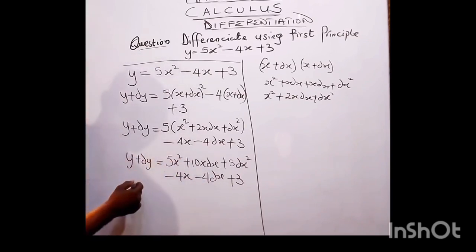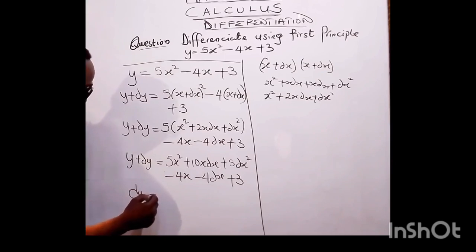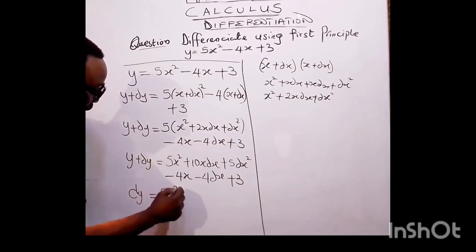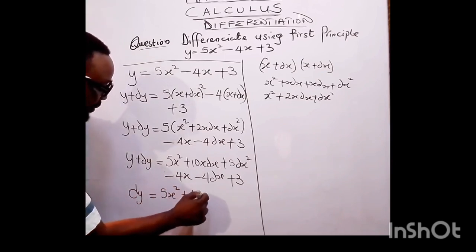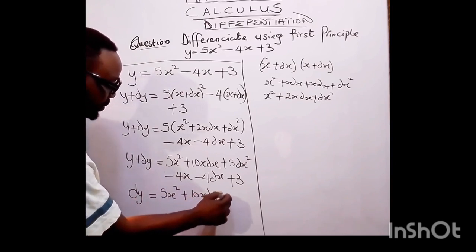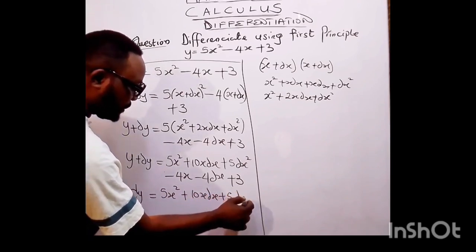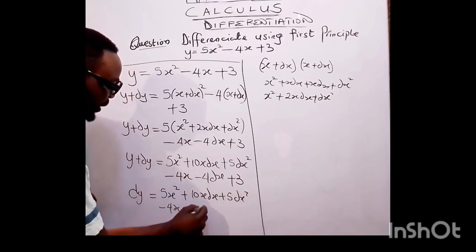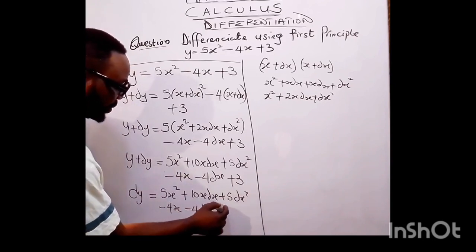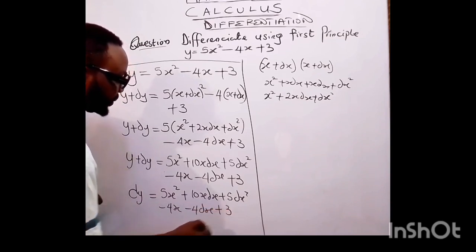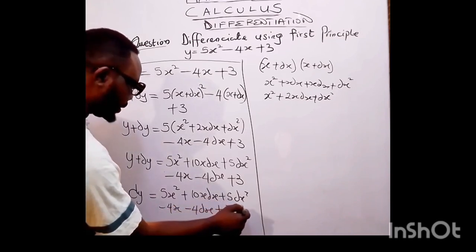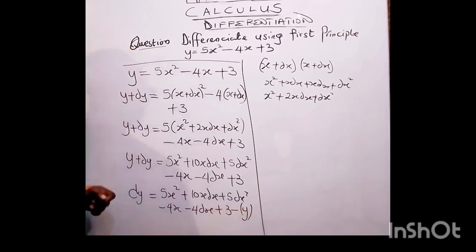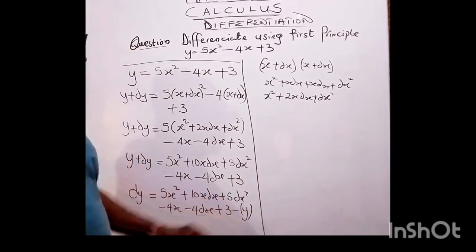So dy will be equal to 5x squared plus 10x dx plus 5 dx squared minus 4x minus 4 dx plus 3 minus y. Now, you have transferred this y to this side.